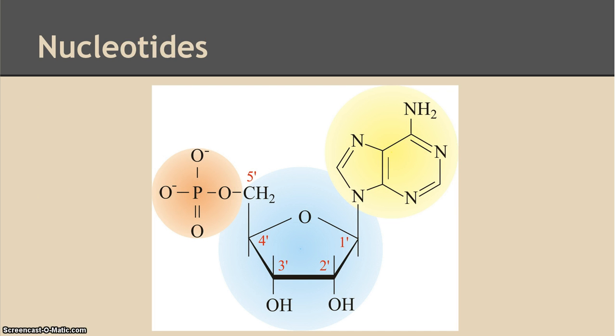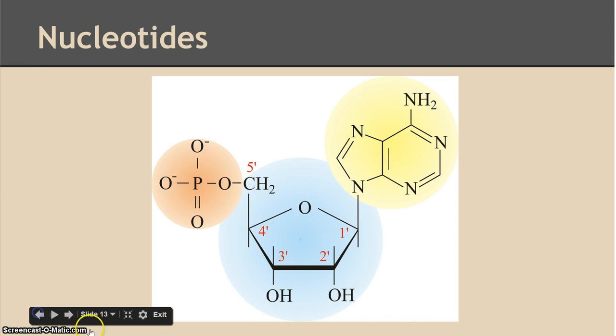So looking at that nucleotide that I just talked about, we have a phosphate here, and that phosphate does not change between the DNA and the RNA. That stays exactly the same. But we do have right here a sugar, and that's a simple sugar. That's a monosaccharide. Remember from the last video we talked about monosaccharides. But that does change.